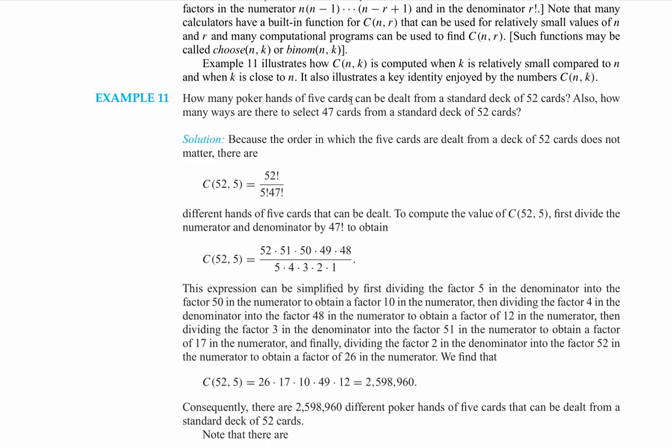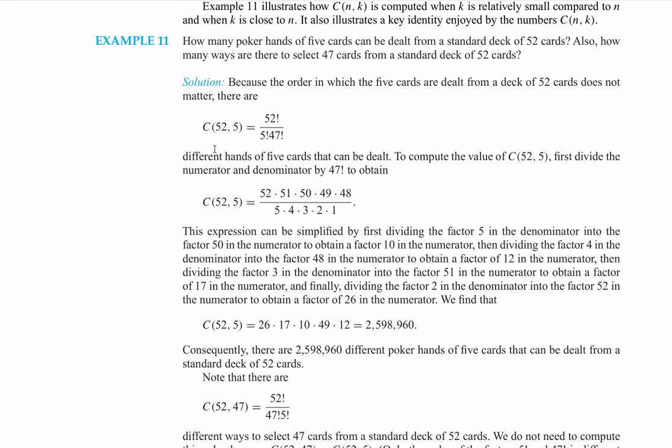Okay, so we're choosing 5 from 52. Do we care about the order? No, we just care about the cards we're getting. Yeah, the order doesn't matter in poker. So it's a combination, the number of 5-combinations from 52.